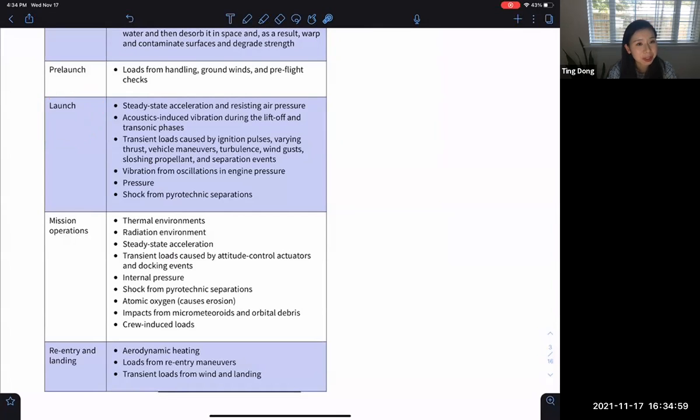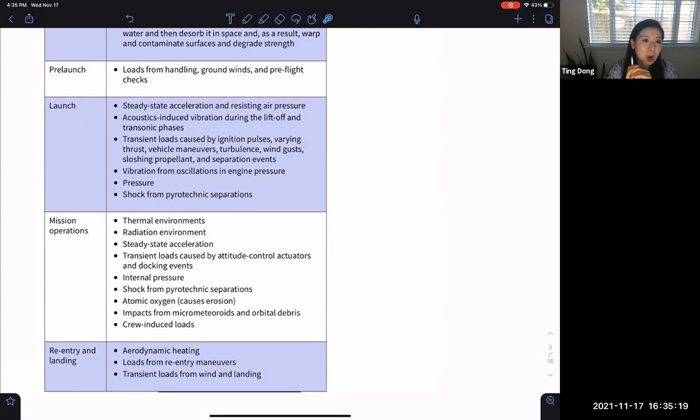Because during the launch, you can imagine it's the highest acceleration there. Launch and landing is the maximum load factor that a spacecraft ever experiences.